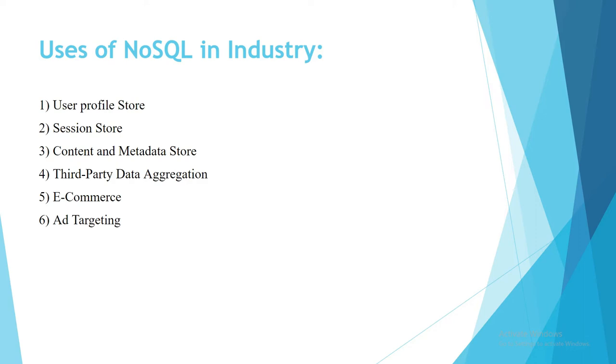Like that, we may get certain queries. At that time, you can aggregate it easily. Meaning that if the data is available on different servers, we can get that data to our end and aggregate it if we use NoSQL, because NoSQL supports data splitting, which we can call distributing of data. We can distribute the data to different clients, get that data and aggregate it. So that is the advantage of third party data aggregation.